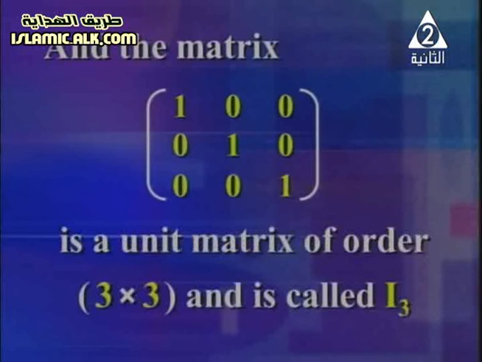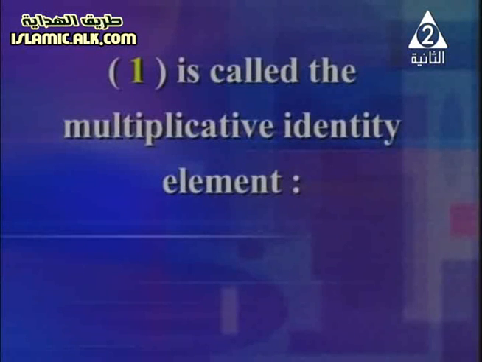I2 is a square matrix, but I3 means a unit matrix that has 3 rows and 3 columns, where all elements of the principal diagonal must equal 1 and all other elements are zeros. One is called the multiplicative identity element. I is called the multiplicative identity element.